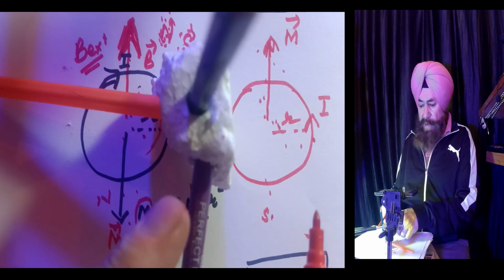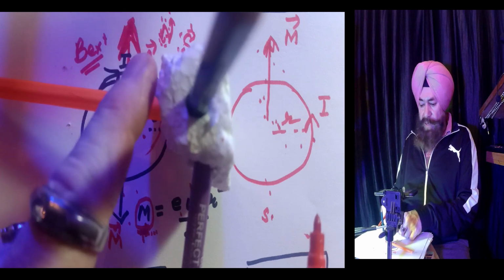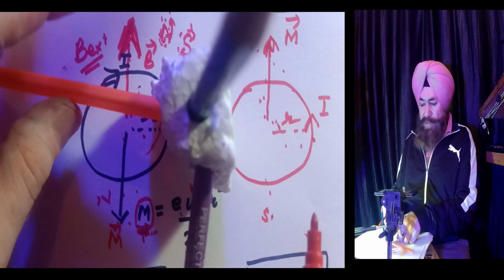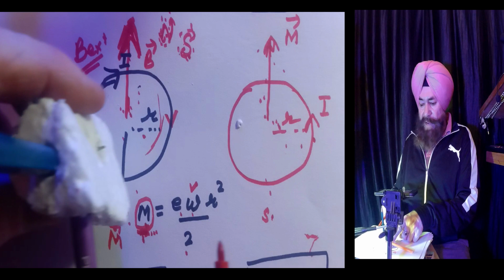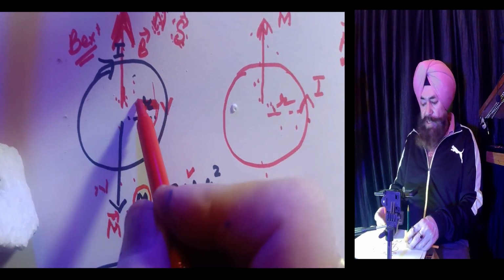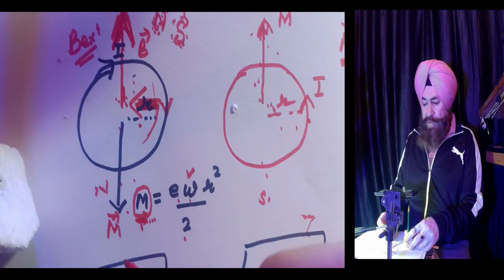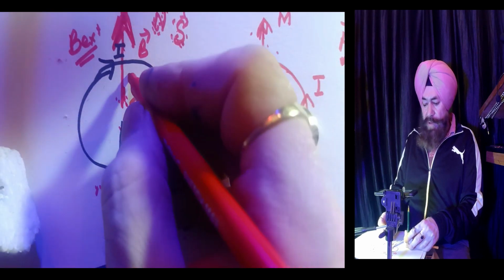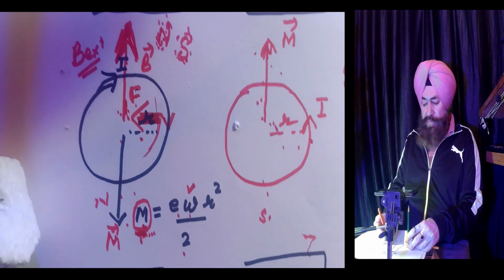Magnetic field upward, current like this, force will be along this. This current will experience a force along this direction.